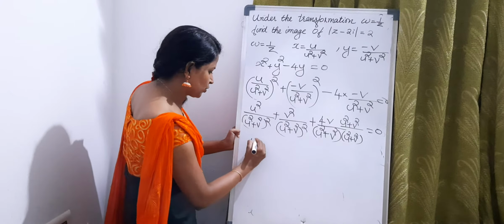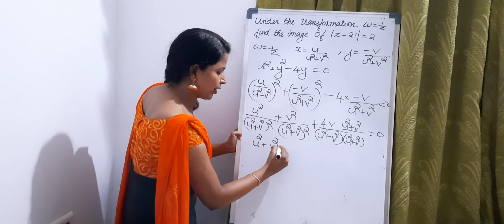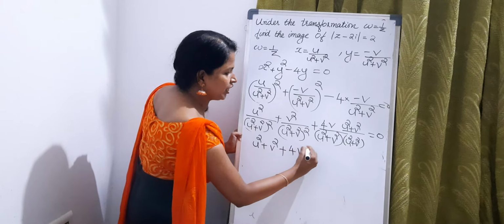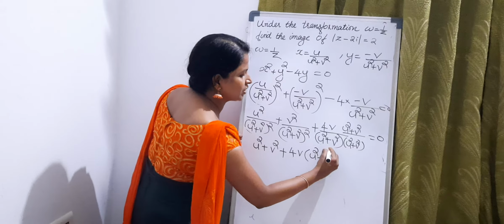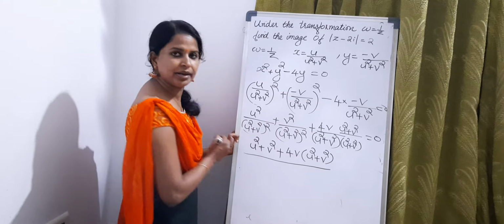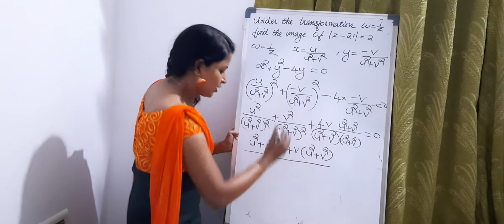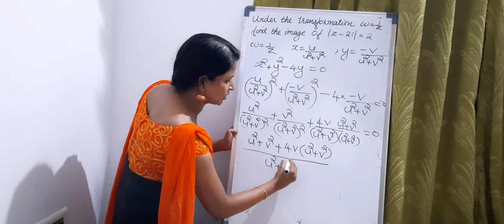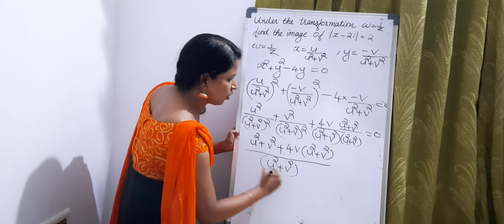That is u square plus v square plus 4v into u square plus v square, all divided by the same denominator, equal to 0. Take the denominator to the right side. We get u square plus v square plus 4v into u square plus v square equal to 0.